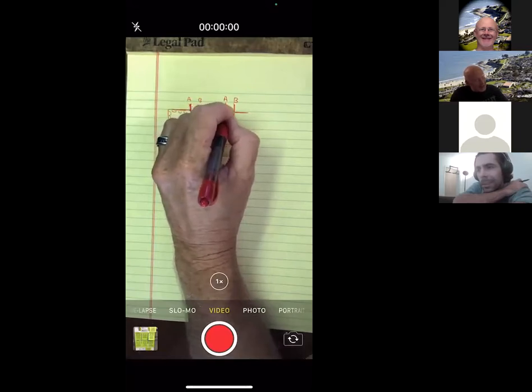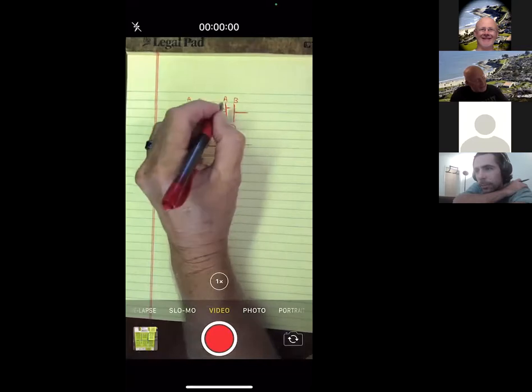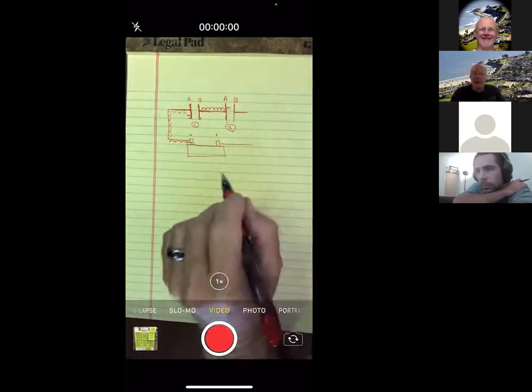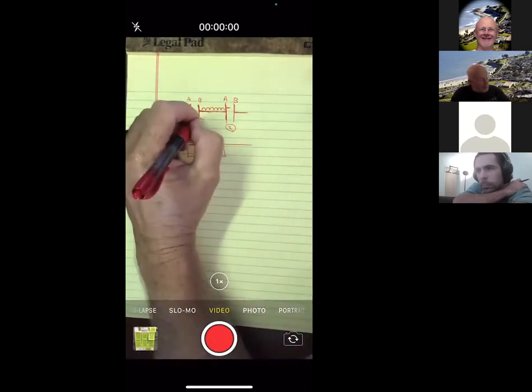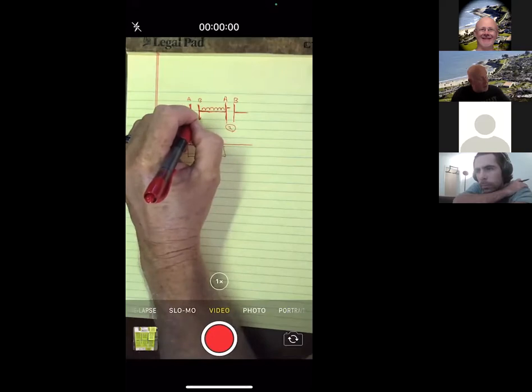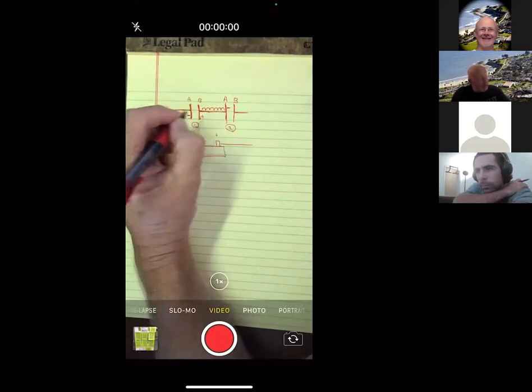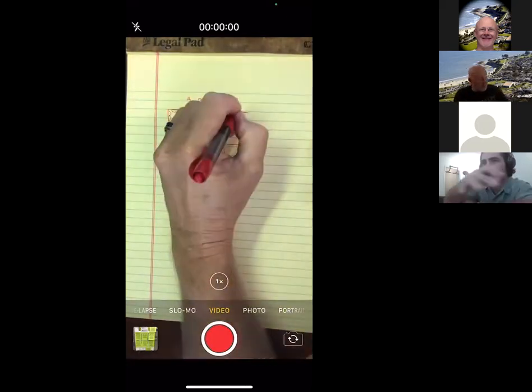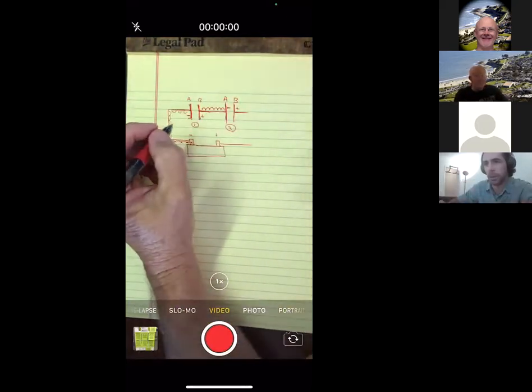And then on plate A of the second capacitor, we get that electron on here. And let me point out that on plate B of capacitor 1, we are now lacking one electron. Okay, so I can see by extension that you could have like 100 of these, and everyone just moves over one.